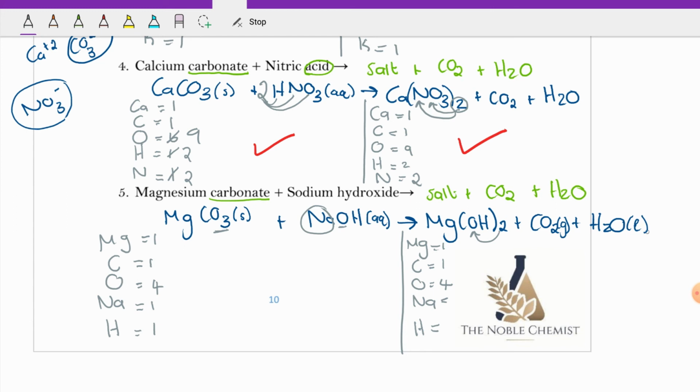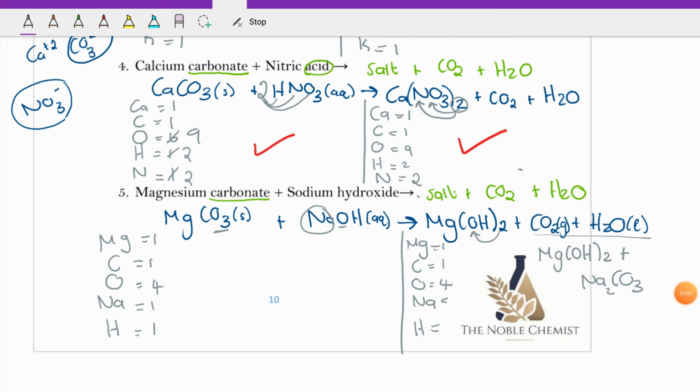So sometimes you can have various things forming. You can have magnesium hydroxide forming, and you can have sodium carbonate forming, for example, instead of carbon dioxide and water.